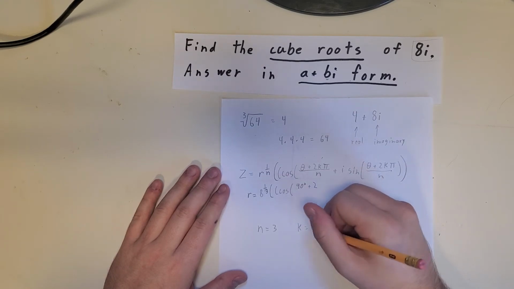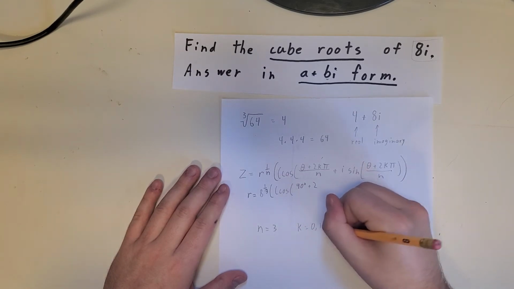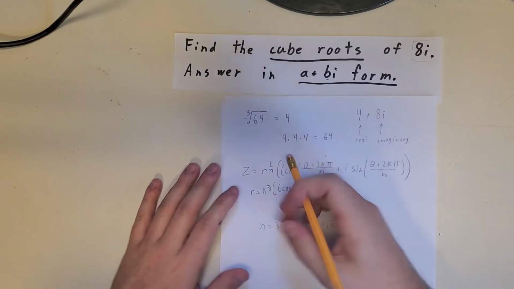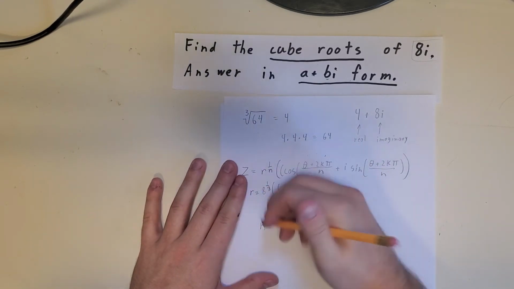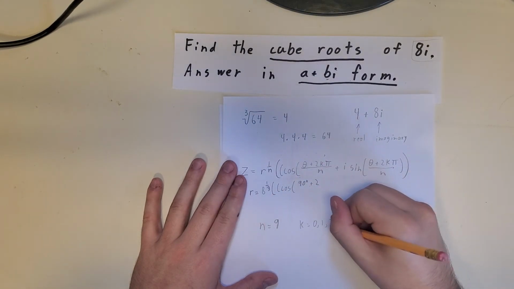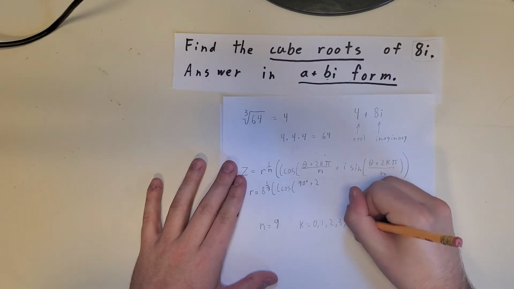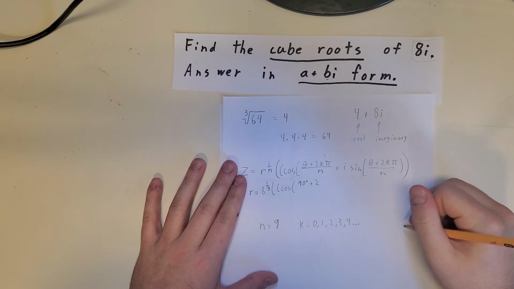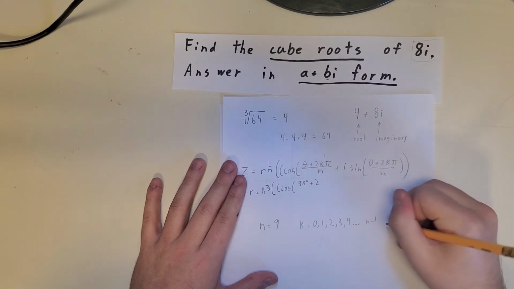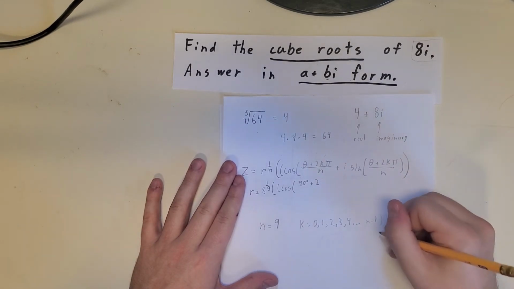It's a sequence of numbers that go all the way up to, actually let's make n something bigger for this instance. Let's make n 9. It's going to be continuing up all the way until you have n minus 1. In this case that would be 8.